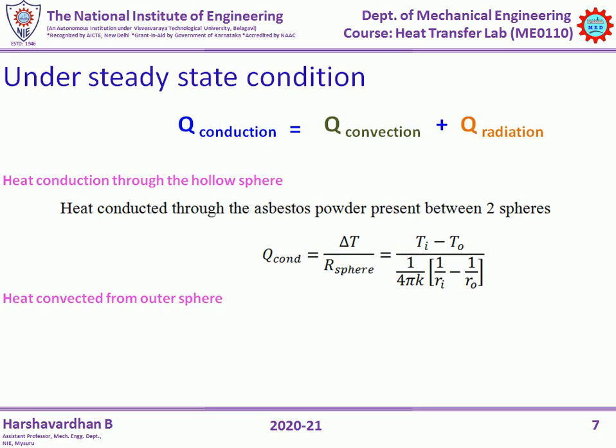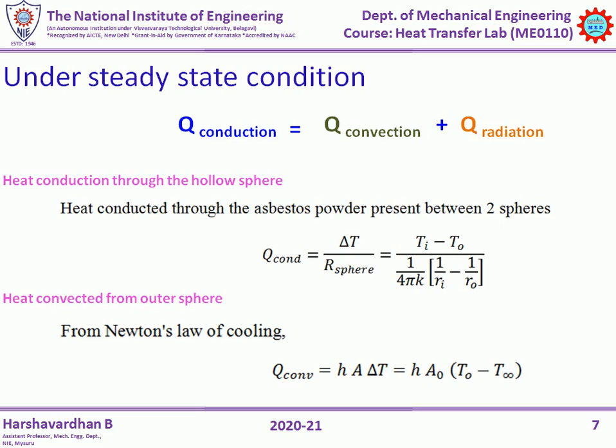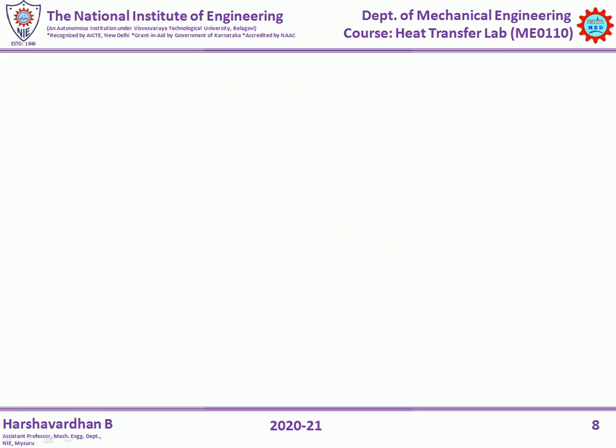Heat convected from the outer sphere can be calculated according to Newton's law of cooling, according to which Q convection is equal to the heat transfer coefficient into the area exposed to the air into the temperature difference between the surface and the air, that is h into A0 into (T0 minus T infinity).